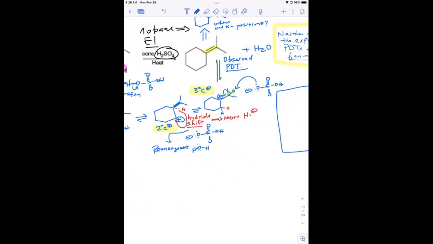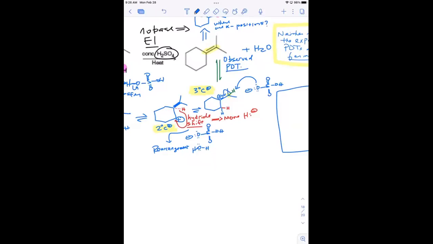This is a really general question too, because rearrangements are not common and they don't just happen. There has to be a reason for that rearrangement to happen. Is it to make it more stable? To form a more stable carbocation. That's exactly right.